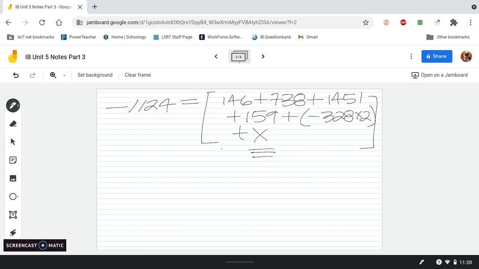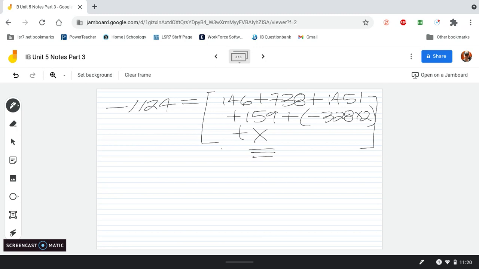So I'm going to do it on my calculator. I'm going to take negative 1124 minus 146, enter, minus 738, enter, minus 1451, enter, minus 159, enter, minus, in parentheses, negative 328 times 2, enter.